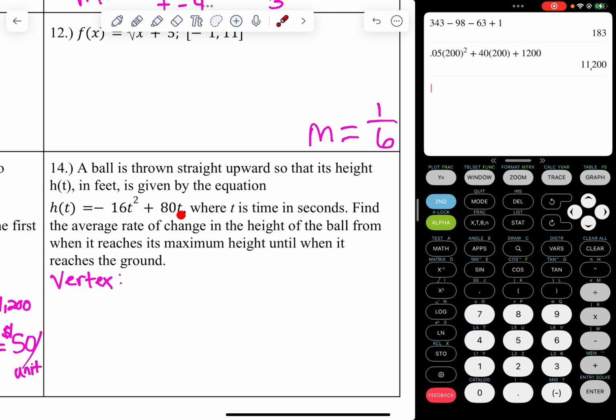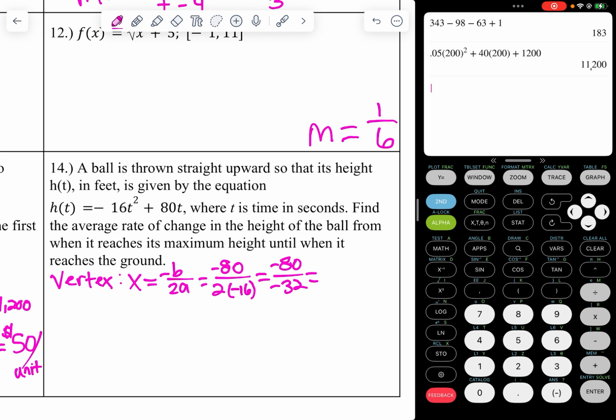This is a quadratic function in standard form since it's got the t, the linear term here. So to find the vertex in standard form, you've got to do the opposite of b divided by 2a. So the opposite of b is negative 80. 2 times negative 16 would give me negative 32. Those are both divisible by 16, and I can cancel out the negatives. So I can bring it down to 5/2. So the x-coordinate of the vertex is 5/2.